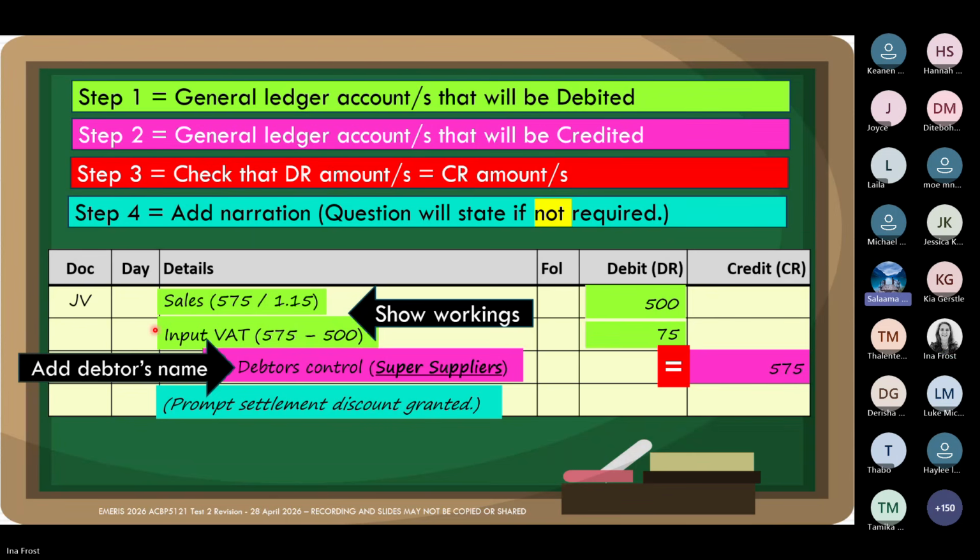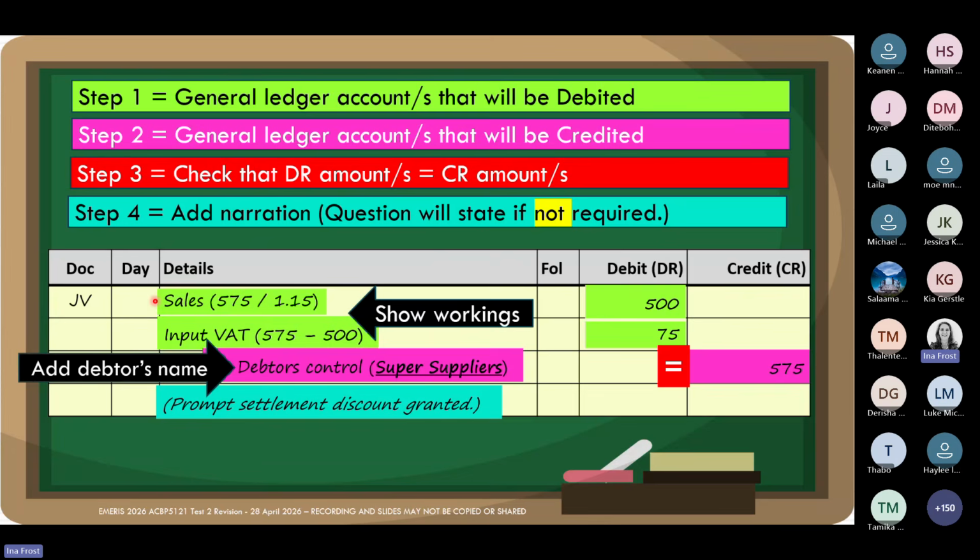Okay, just one last question. I'd like to find out about the general journal where we granted our debt settlement discount. Were we not supposed to put output VAT because it was a sale? Okay, a question from Teboko. You're right, student. Normally, when we record sales, it will be sales and output VAT. You're quite right. But remember, we're not crediting sales here.